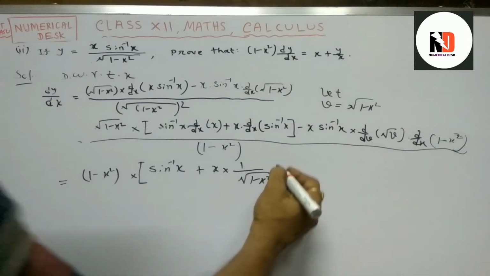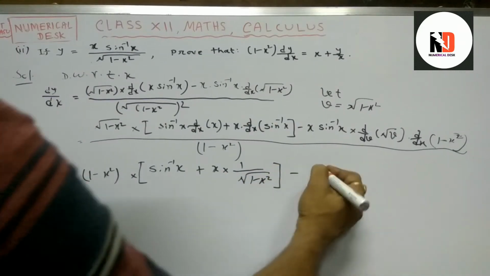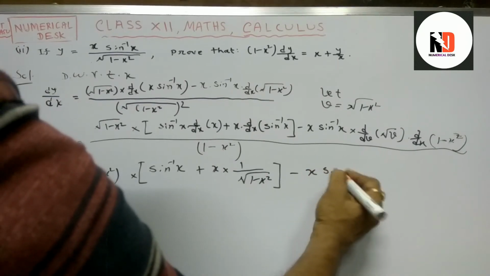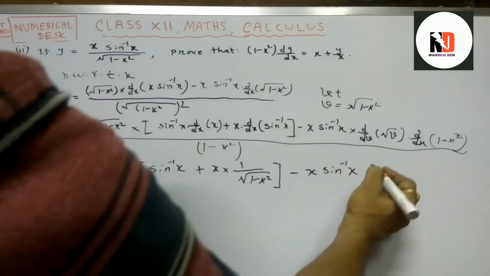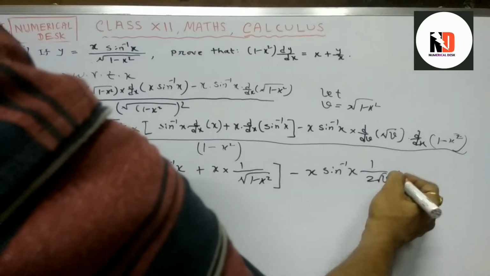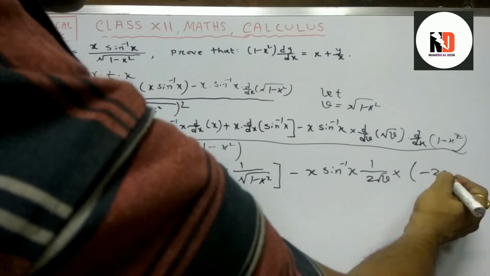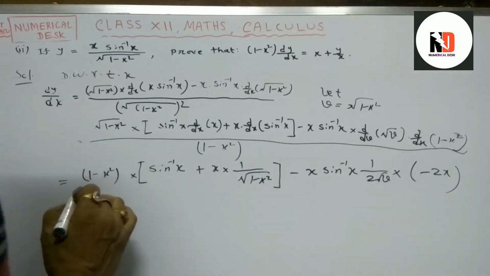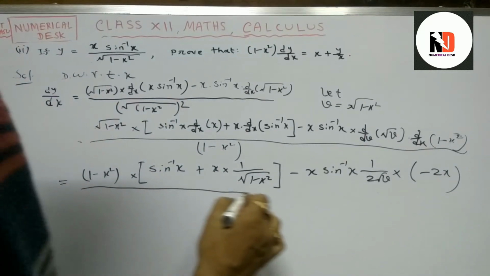I did the standard form. Every sum is adjusted to the standard form. Again, like the previous one, d/dx of root x is 1 by 2 root x, so we have written it directly.